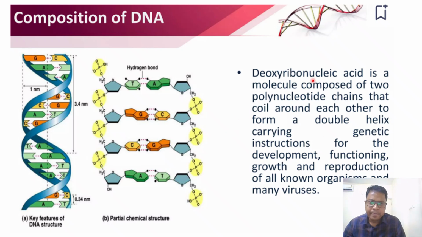Composition of DNA: DNA is a molecule composed of two polynucleotide chains that coil around each other to form a double helix, carrying genetic instructions for the development, functioning, growth, and reproduction of all organisms and many viruses.